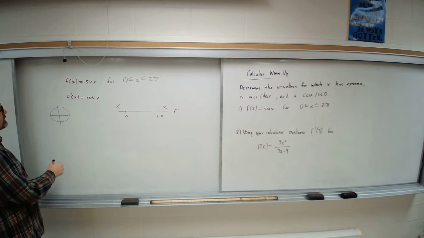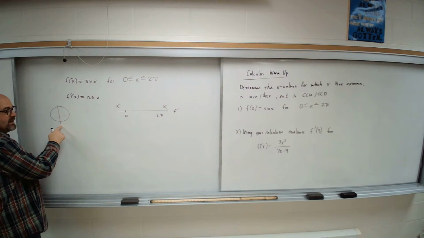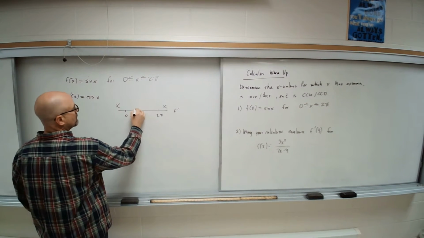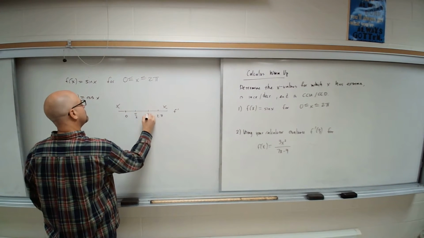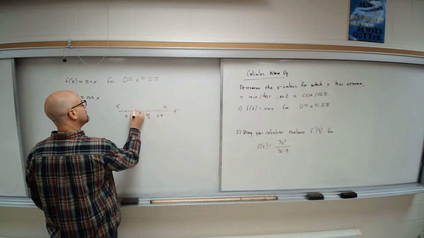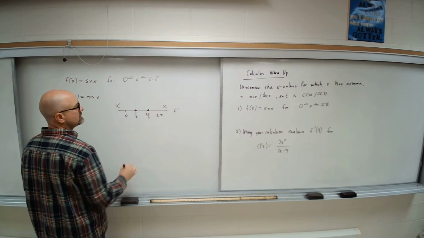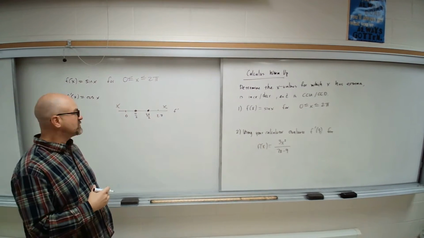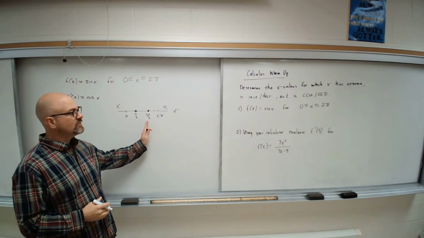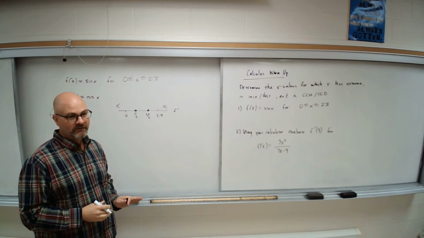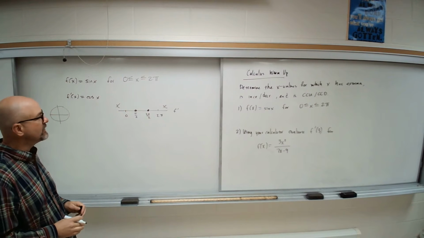So x is equal to 0 up here at pi over 2 and down here at 3 pi over 2. So we're going to get pi over 2 and 3 pi over 2. Those are going to be, right, so in terms of critical values, we have 0, pi over 2, 3 pi over 2, and 2 pi. Okay, those are the ones we're going to have to consider here.